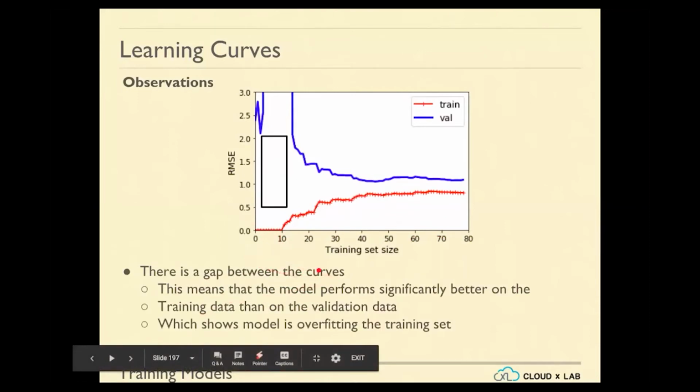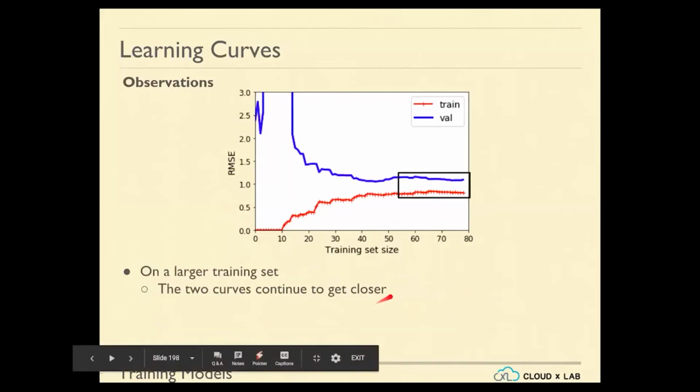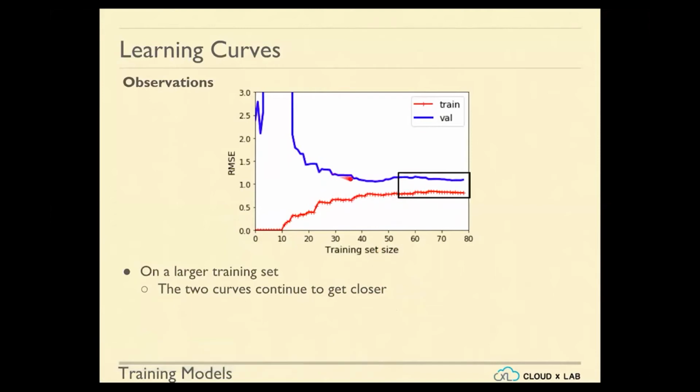The gap between the two curves means that the model performs significantly better on the training data than on the validation data, which shows the model is overfitting. And the two curves continue to get closer; as the data is growing, they are coming closer together.